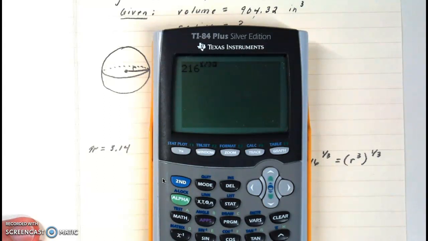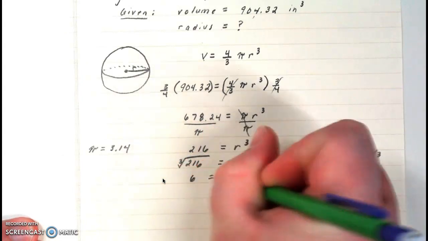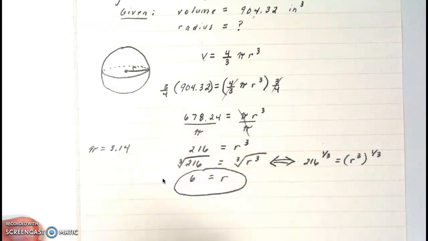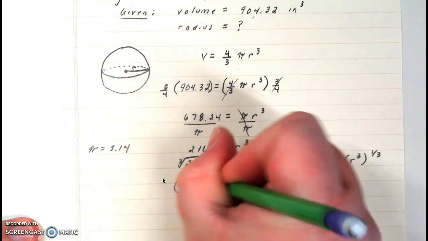And if we do that, we get 6. So that means that 6 times 6 times 6 equals 216. So that means that our radius would be 6, and we're dealing with inches, so 6 inches.